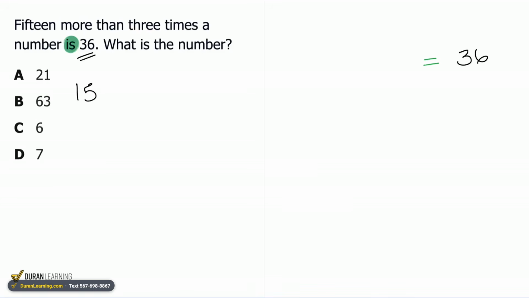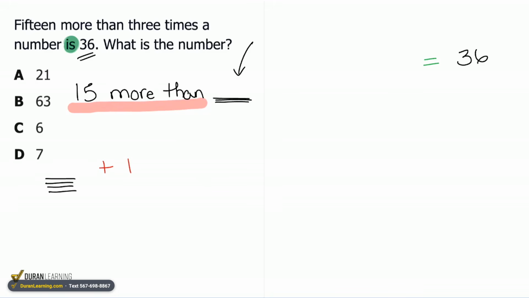So when we say 15 more than blank, whatever is in that blank, we're going to write it first, and then we're going to go 15 more than it. So whatever is in that blank, we'll then add 15 to it. That's all that is. If it's less than, you'll subtract whatever it is that you're describing.